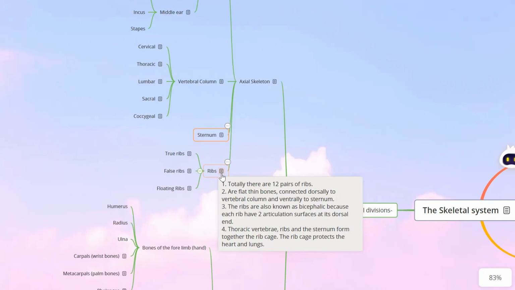Now, the thoracic vertebrae, ribs and the sternum together form the rib cage. So how does a rib cage get formed? It gets formed when the thoracic vertebrae, ribs and the sternum together form it. The function of the rib cage is that it protects the heart and the lungs.